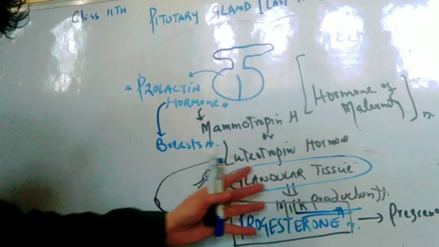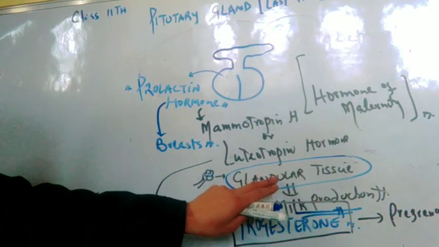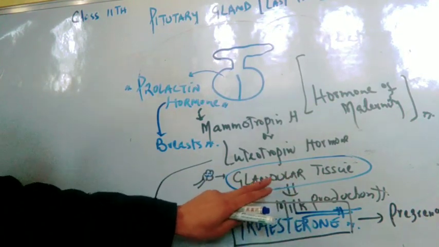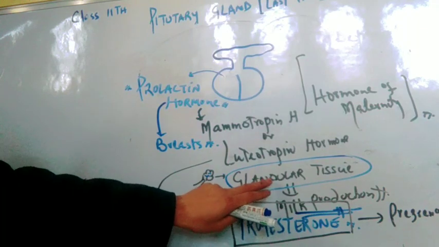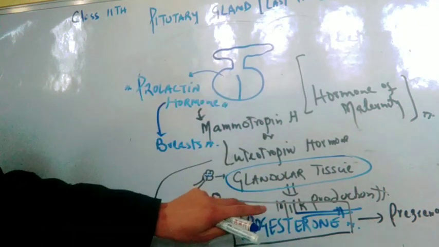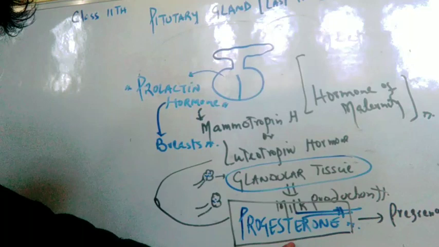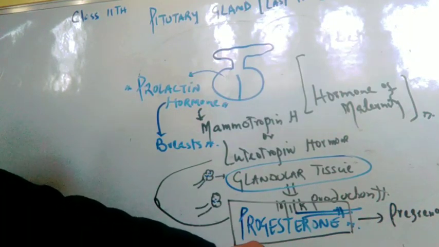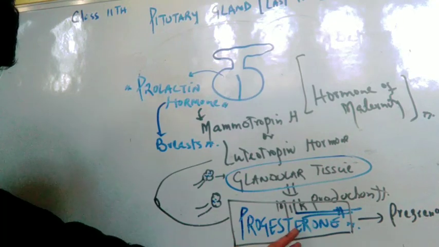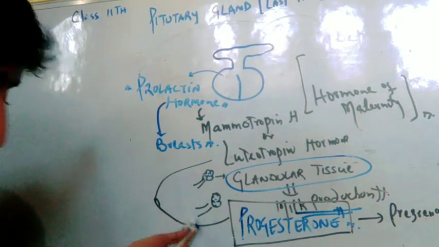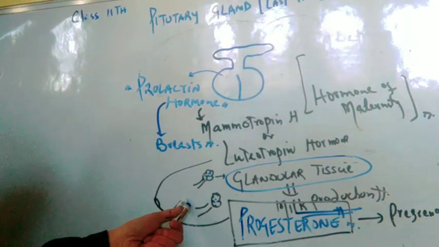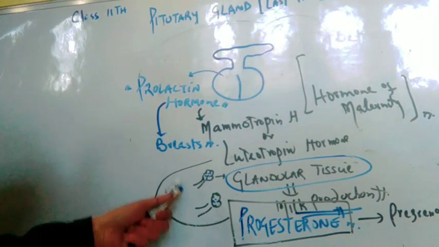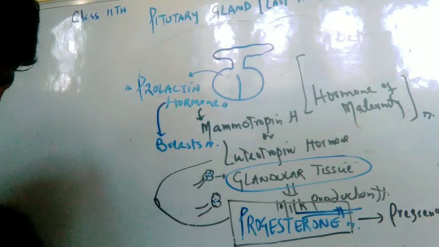Not only breast development, simultaneously this glandular tissue develops. But I also said that during pregnancy there are higher progesterone levels. This progesterone hormone directly acts on the breast and prevents the milk ejection from the breast.